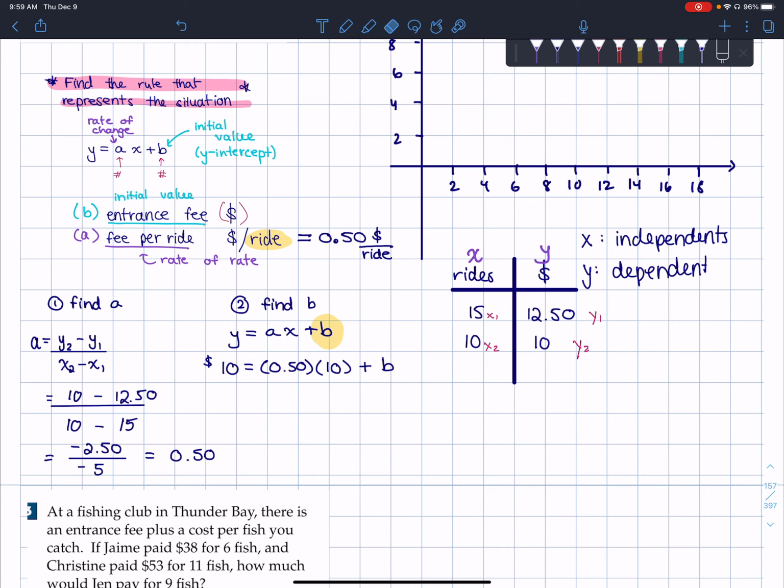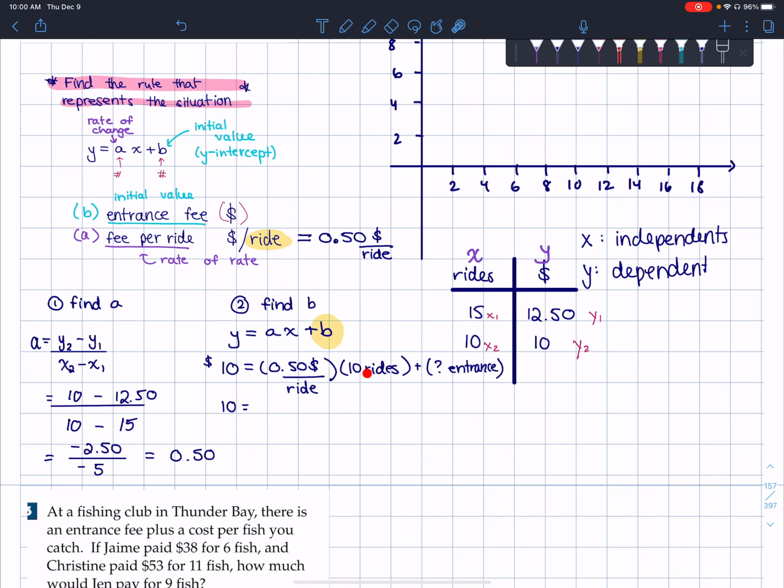So let me expand this out a little bit so I can put all of the units in there. So she paid 50 cents per ride for 10 rides. And she also paid some entrance fee. And we are working backwards to figure out what that entrance fee is. So we know the 10.